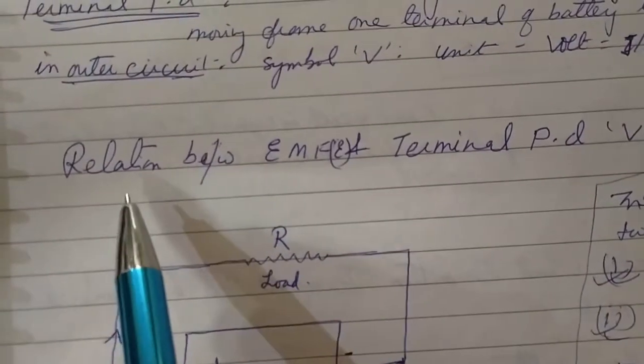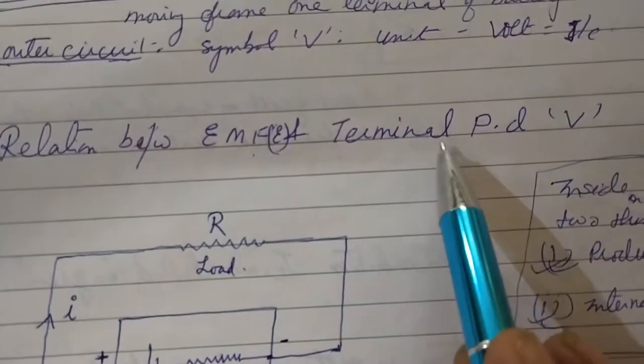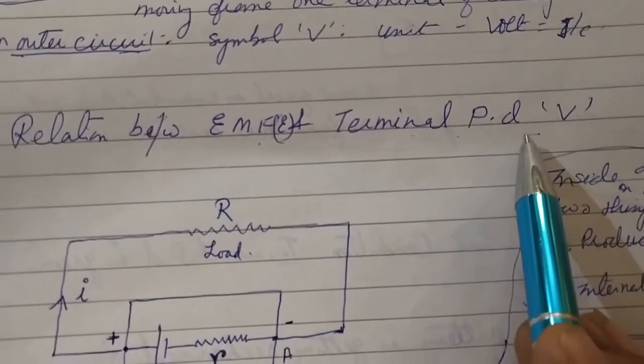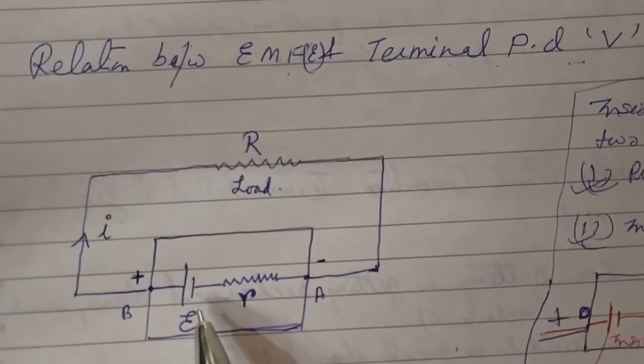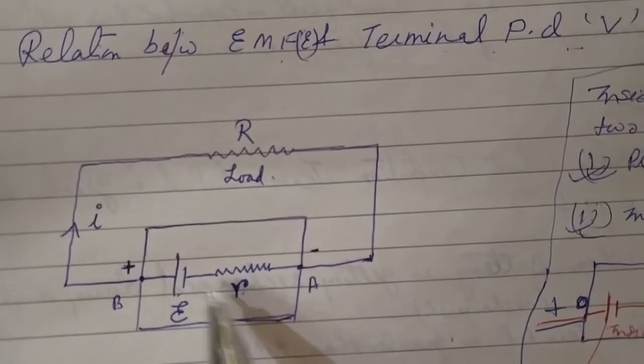Now next is relation between EMF and terminal potential difference, E and V. So two things are there in the cell: source of energy, that is EMF, and internal resistance.